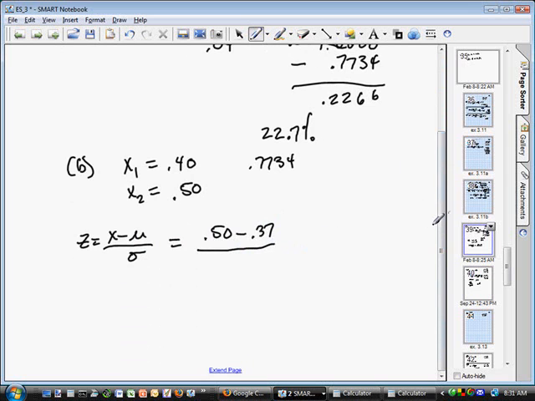Divide by the standard deviation, which is 0.04. So what's that, 0.13 over 0.04, which is 3 1/4, isn't it? Because 4 times 3 is 12, 1. Yep, it's 3.25.